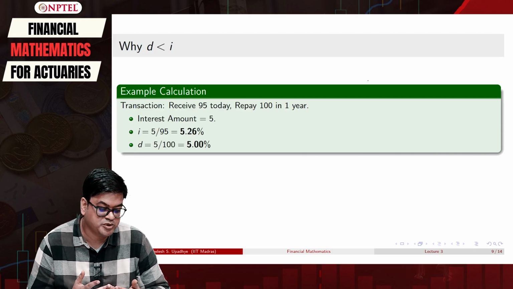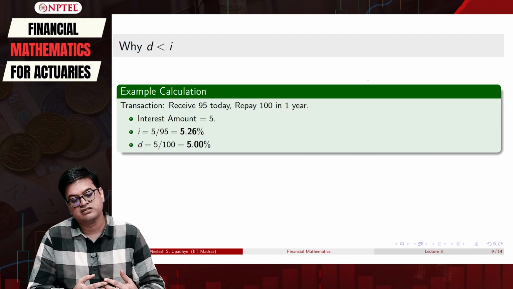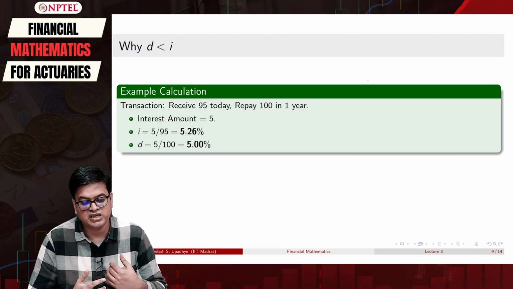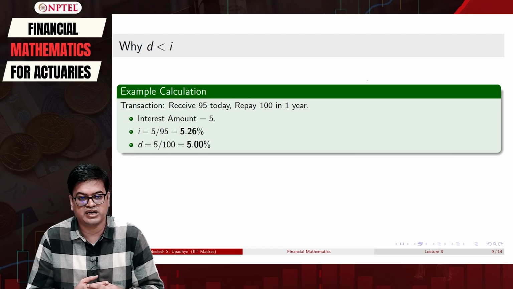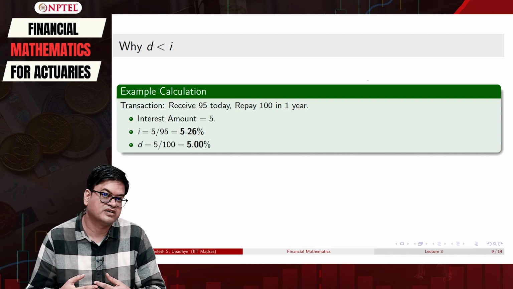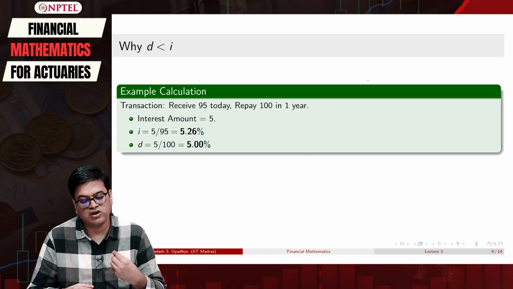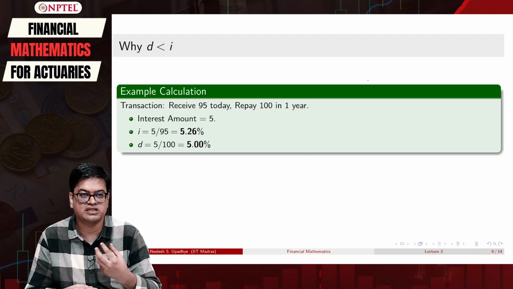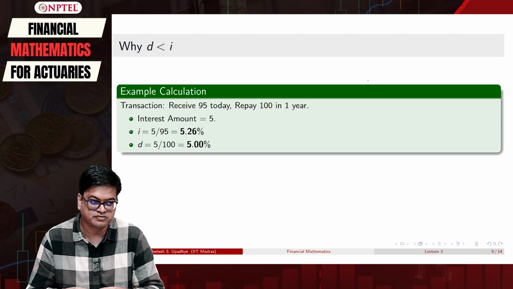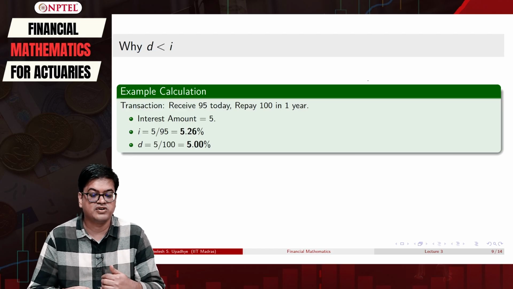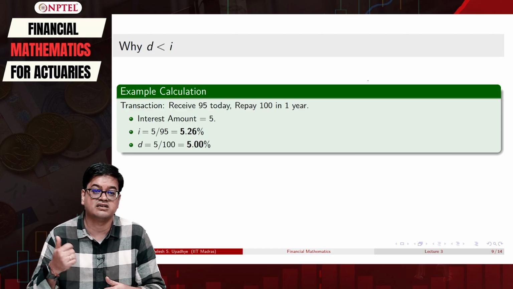Now which one should be bigger? As you follow the time regime and we assume that money itself earns money, that means interest earns interest. Okay, so if you follow that analogy, you always assume that the future value of money will be bigger than the current value of money. If you follow this, then what happens? The discount that you will get will always be smaller than the interest.